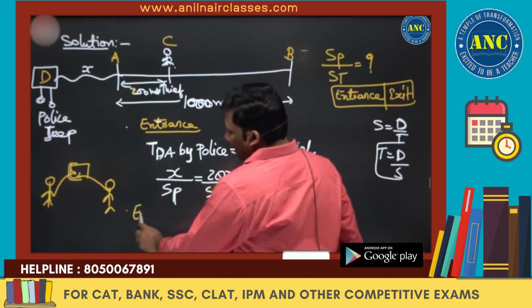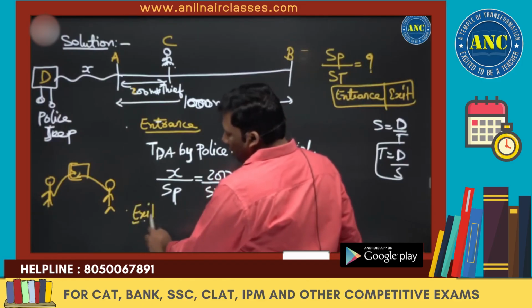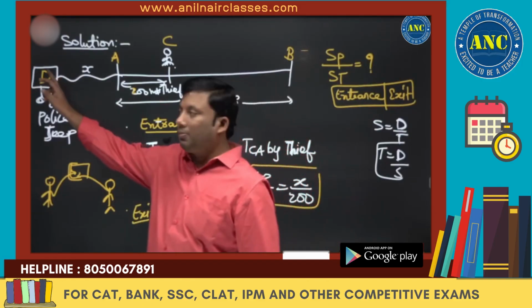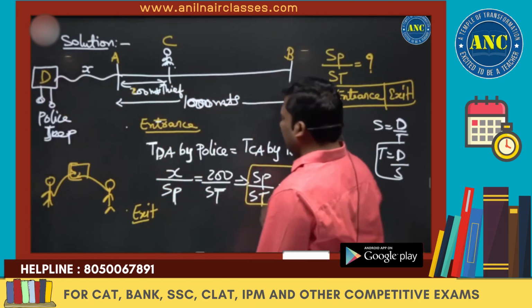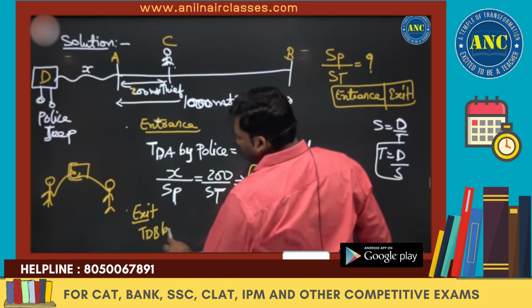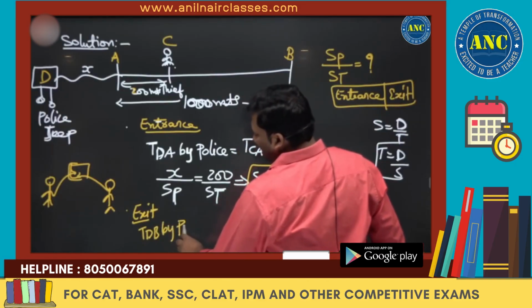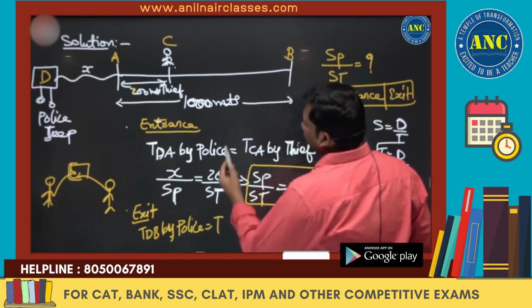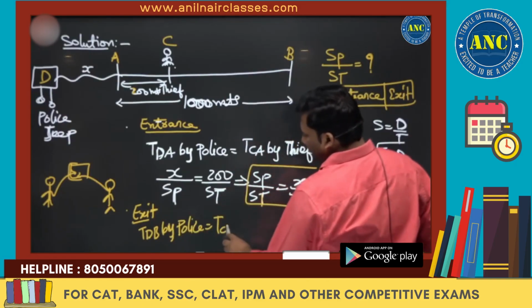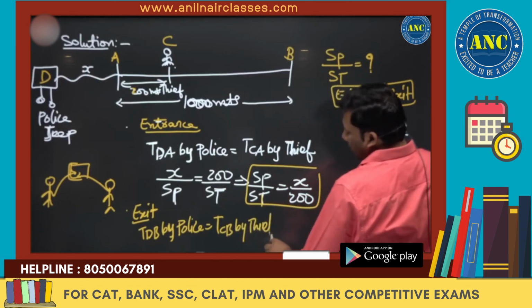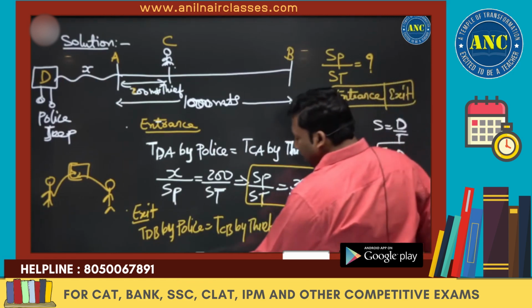Next one, at the exit. Exit means the time taken by police from D to B, if it is equivalent to the time taken from C to B by thief, then police will catch hold of the thief at the exit.